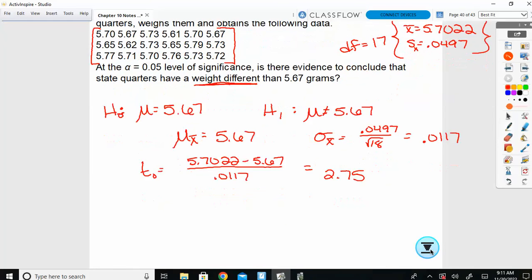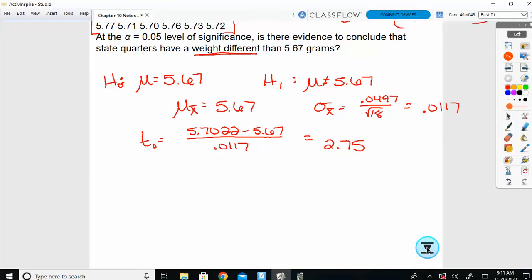So we get a t of 2.75. What this means: this is my t right here.